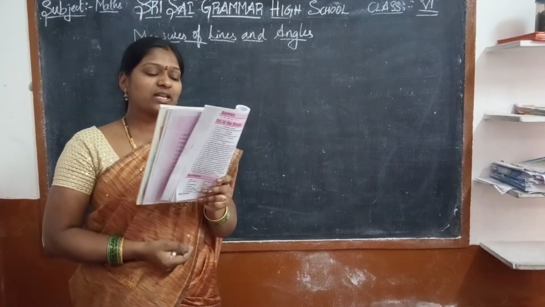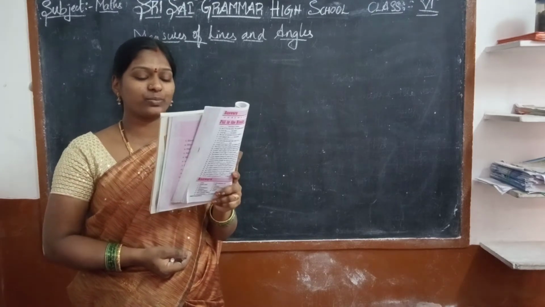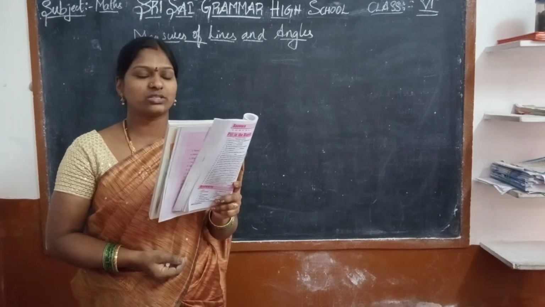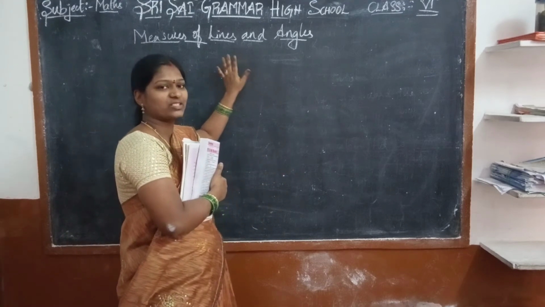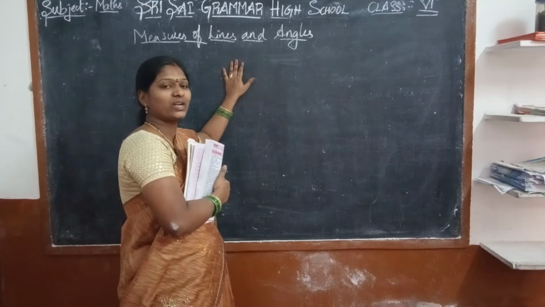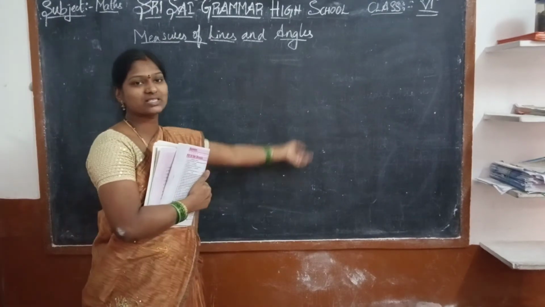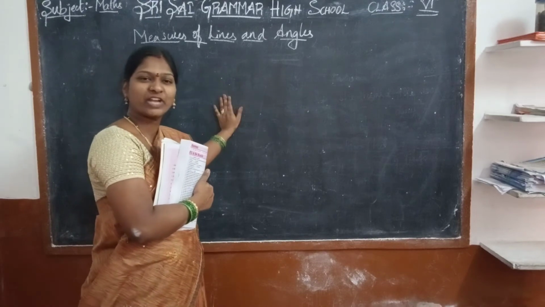Okay? The length of edges of a book, TV screen, edges of a brick, etc. are like a line segment drawn through the edges. See, for example, I took the board. What is the length of this board? What is the length of the window?